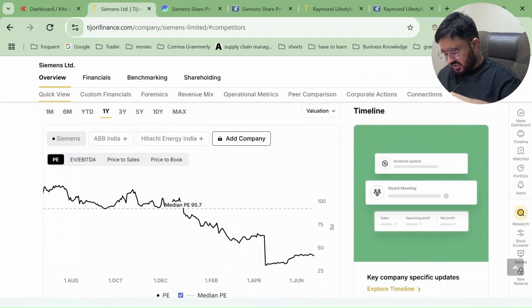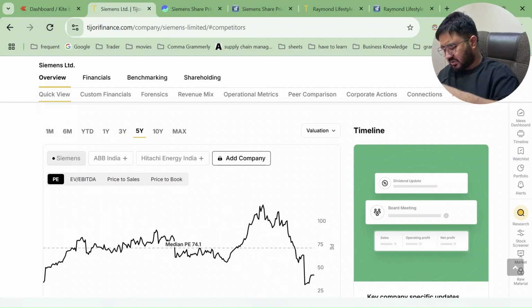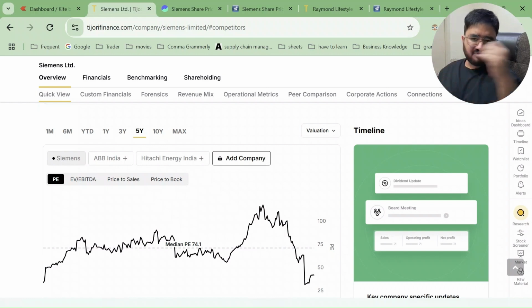I'm considering a period of 1 year, and you can select as per your analysis. For the median of a period of 5 consecutive years, on average the price to earnings was 74 times.